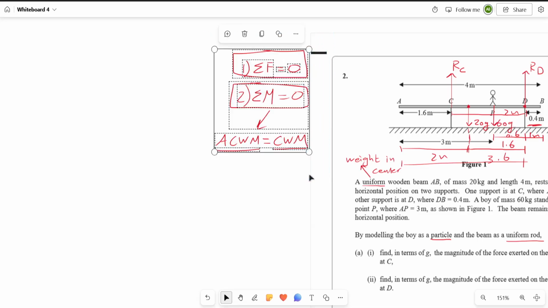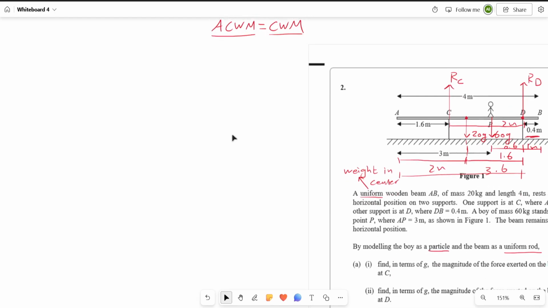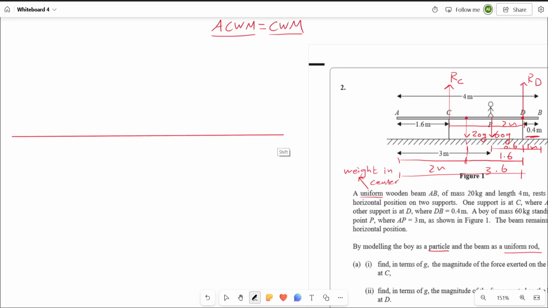We can put this over here as a reminder. Let me draw my beam over here so I can see and copy what's happening. So I know that I have this as my end A. I know that I will have now my boy, he's going to be now somewhere between A and C, right? He's going to be between A and C.